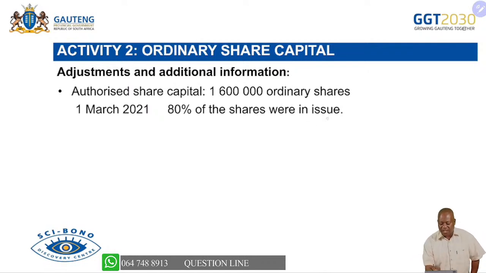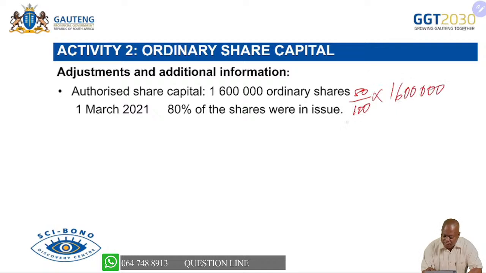So when the year started, they're saying 80% of the shares were in issue. Someone would want to ask, 80% of what? 80% of the maximum. So if we are all agreeing that the maximum is 1.6 and 80% of this were in issue, it means we can easily find how many shares are in issue when the year started by saying 80 over 100, which is 80%, times 1.6 million.